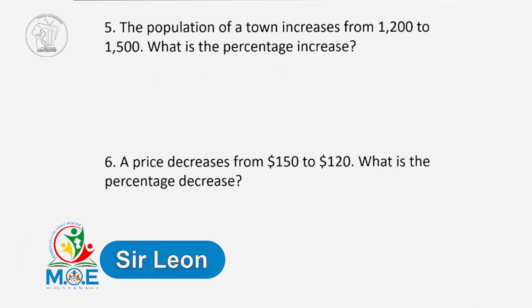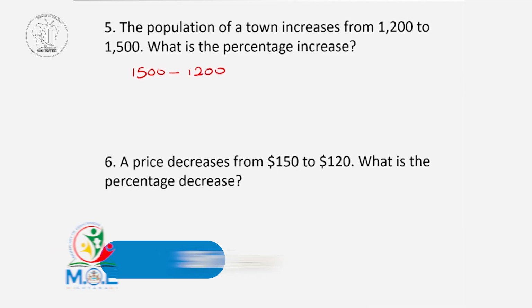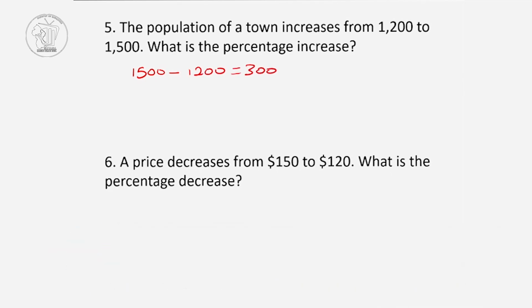So let's move on. So the population of a town increases from 1,200 to 1,500. What is the percentage increase? So we see the population increased from 1,200 to 1,500. So this will be 1,500 subtract 1,200 and this will give us 300 increase.